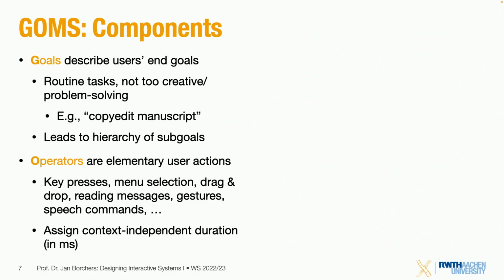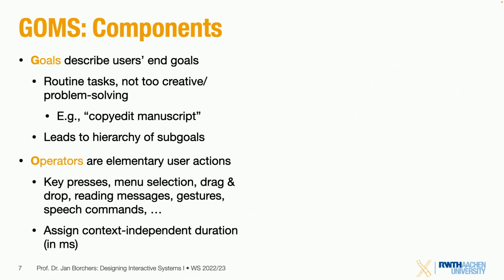Operators are the elementary user actions, physical user actions, like pressing a key or selecting something from a menu or dragging, dropping, reading a message on the screen, because while I'm not inputting anything, that also takes time, right, reading a message. Or any other, if it's a gesture controlled system, it's going to be a gesture.